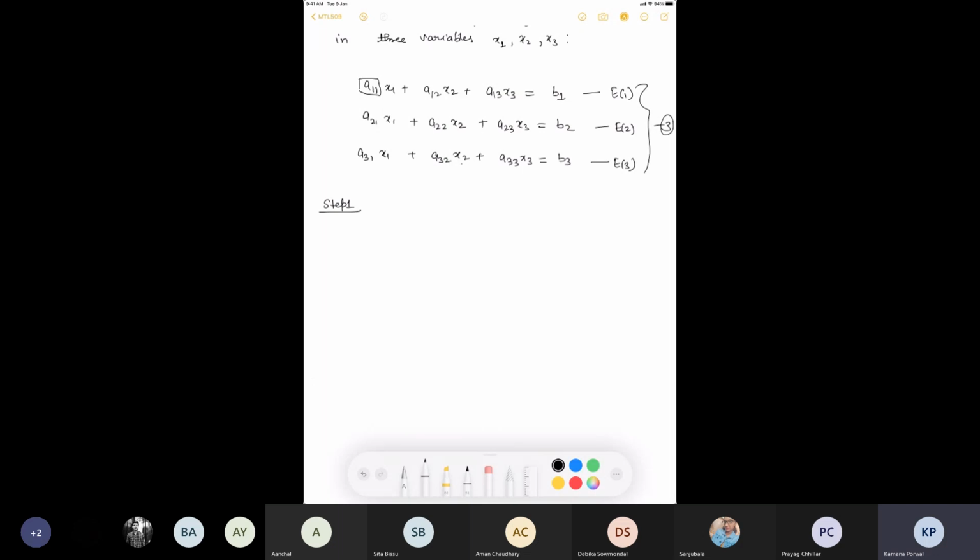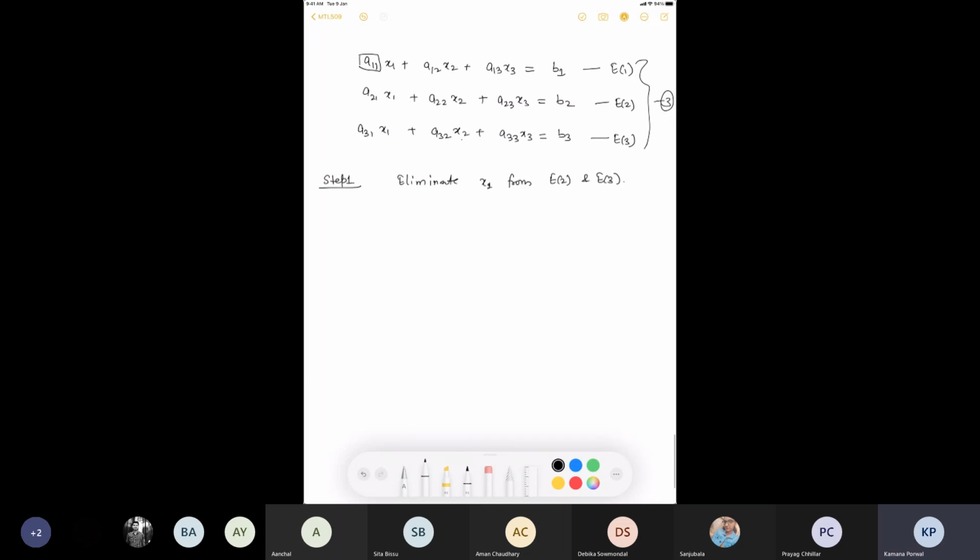The first step is that we are going to eliminate x1 from the second and third equations. And how do we do that? I'm going to assume that a11 is not equal to 0.